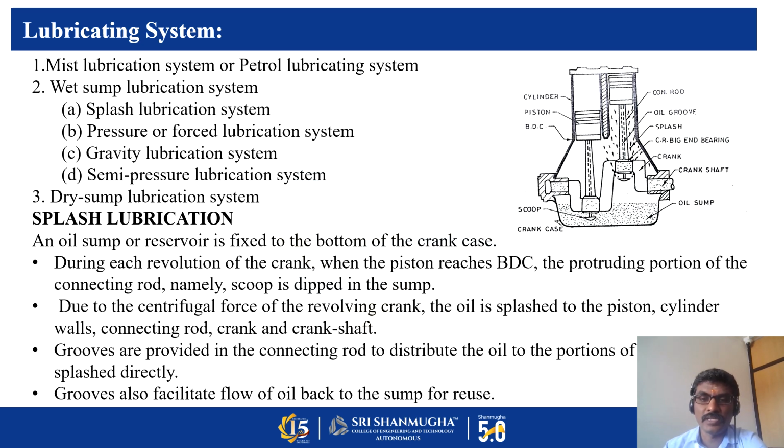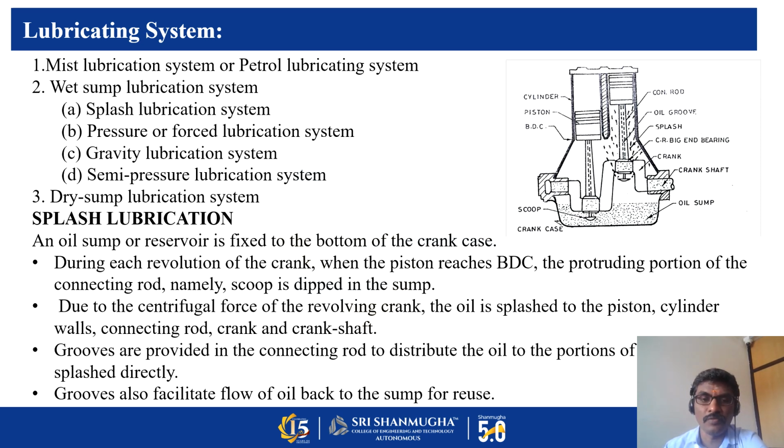Splash lubrication system. Splash means the lubrication oil will be splashed over the moving parts for reducing the wear and tear. The oil is located in the oil sump. During each revolution of the crank, when the piston reaches BDC, the protruding portion of the connecting rod, the scoop, is dipped in the sump.